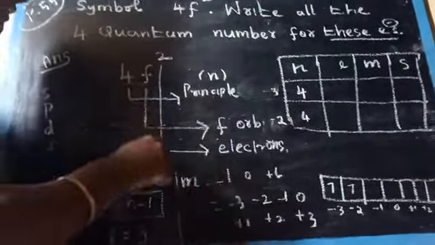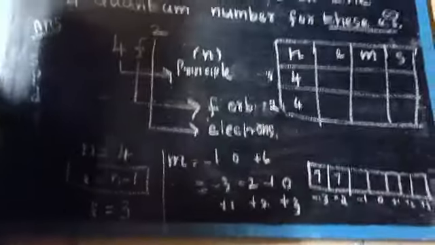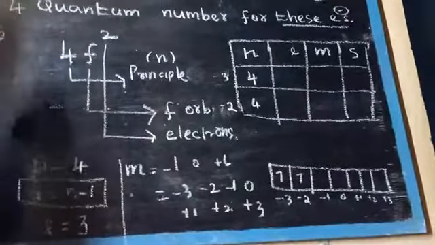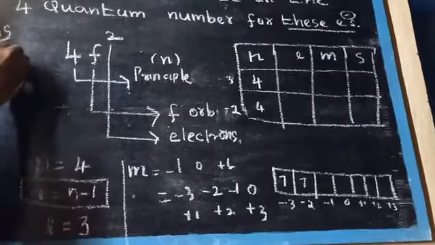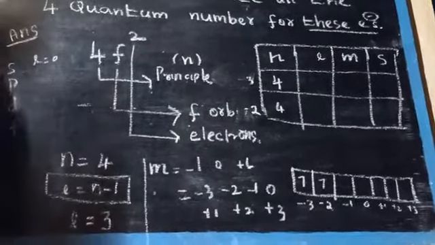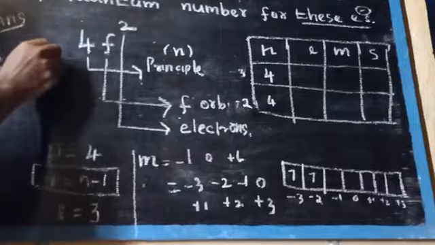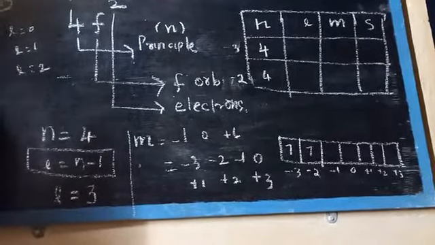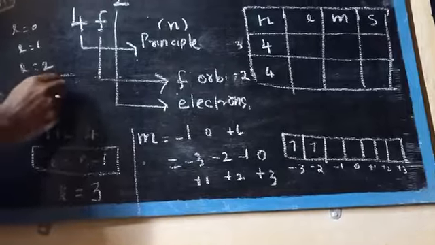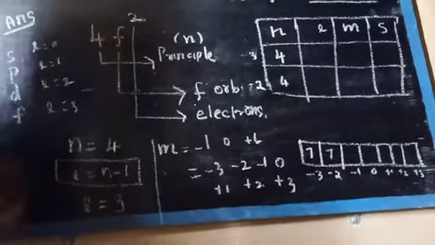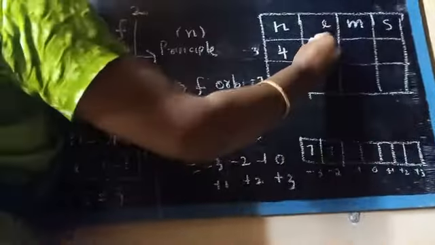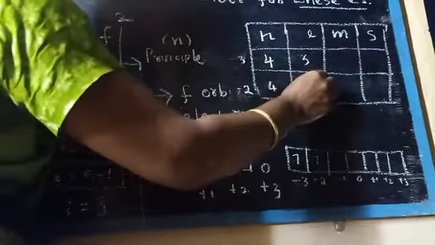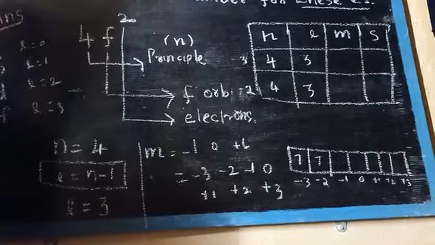Next, write the L value. I repeatedly insist on this: L value 0 is s orbital, L value 1 is p orbital, L value 2 is d orbital, L value 3 is f orbital. So what is the L value here? 3, because this is the f orbital.